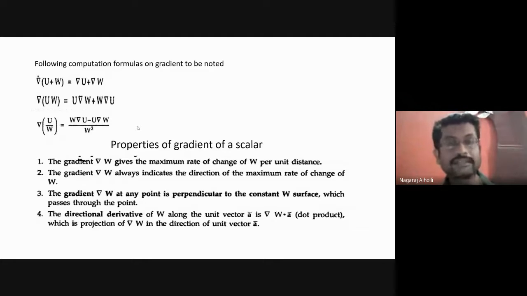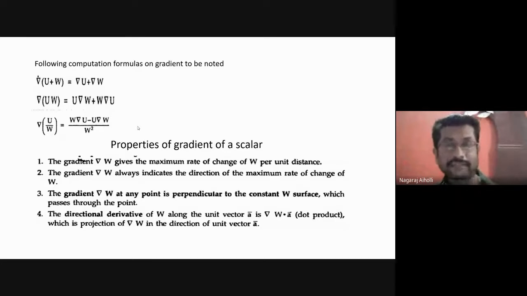The third is that this gradient del W is perpendicular to the surface of the scalar function.